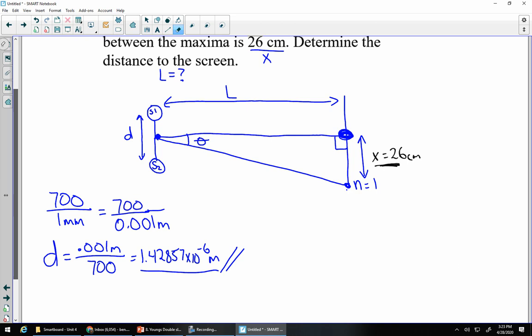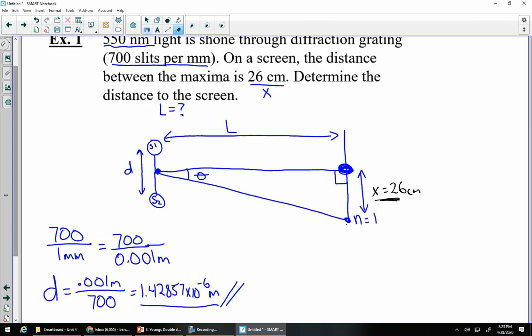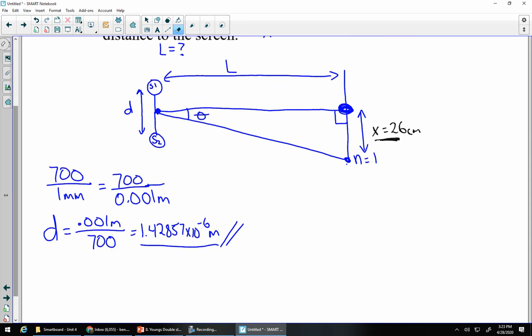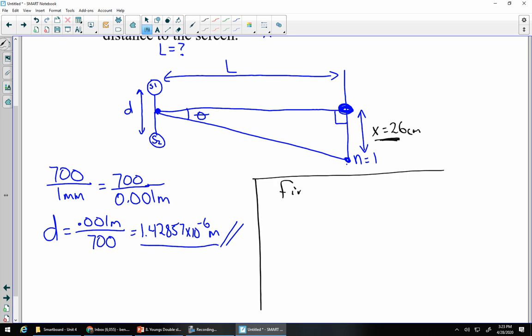I don't have two sides of the right angle triangle, so I think we might need to use that other formula in order to figure that out. So let's go ahead and find theta. I think I can use the other formula. Lambda is equal to d sine theta over n. And if we're using n equal to 1, oh man, that just makes life so easy.